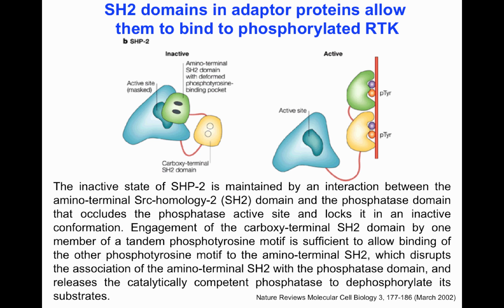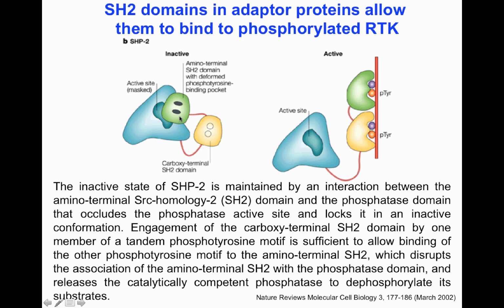SHP2 is an SH2 containing protein which has an active site, shown over here in light blue. That active site has a binding site which is masked by an inactive molecule. That is the SH2 domain. There's also another SH2 domain present in this molecule. So it has 2, one over here in green and one over here in yellow.